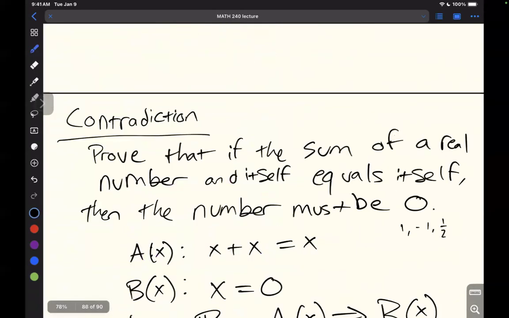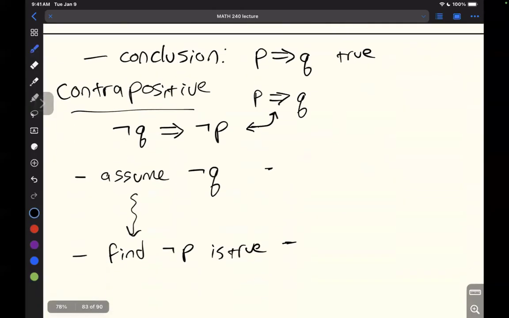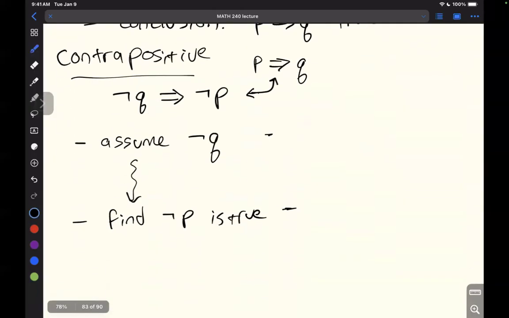Let's go back up to the other type of indirect proof, which is contrapositive. We proved by a truth table that the contrapositive and the implication are logically equivalent. The goal here is we assume the opposite of the conclusion, and we work our way to the opposite of the hypothesis.